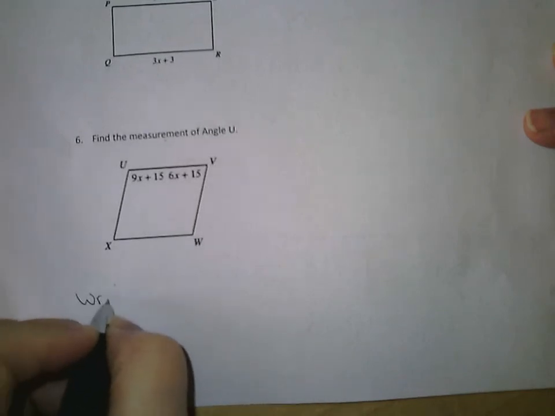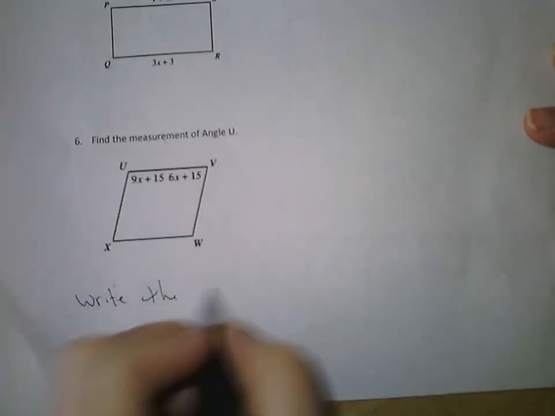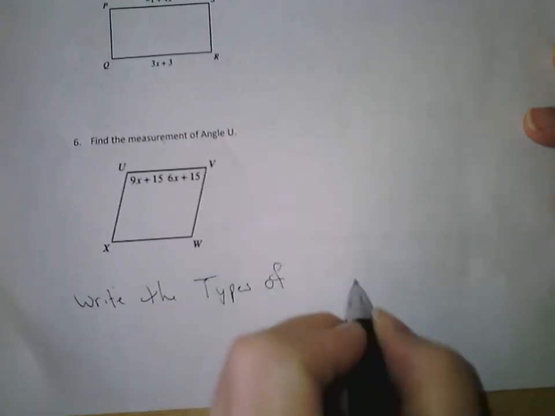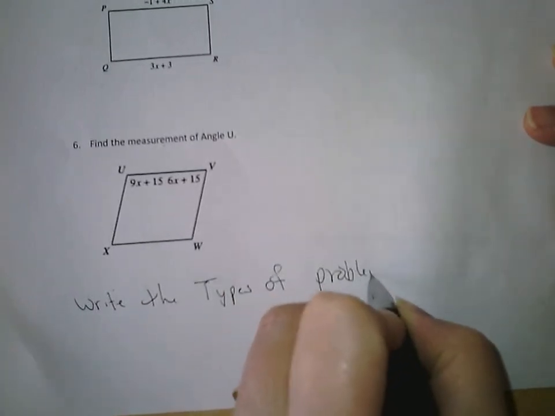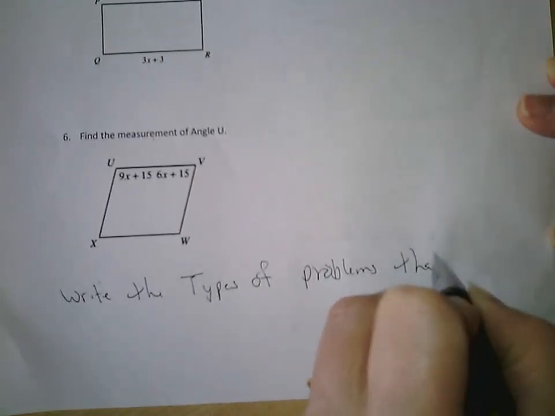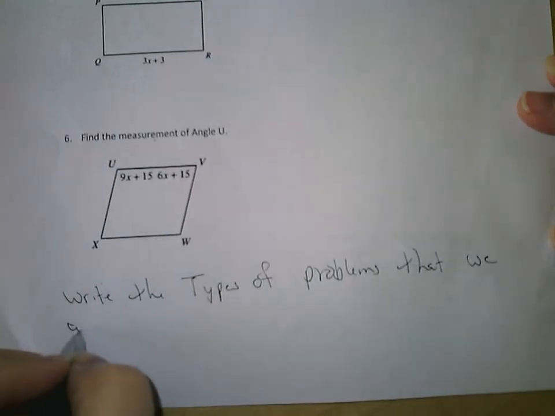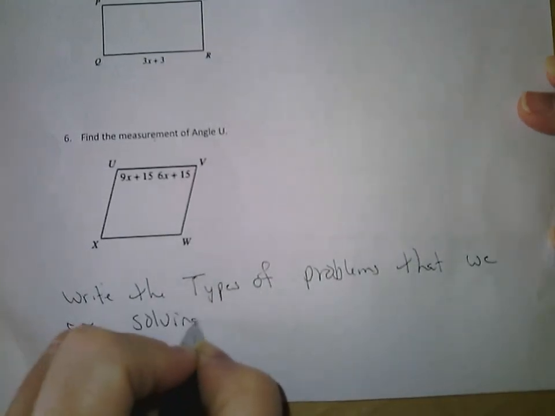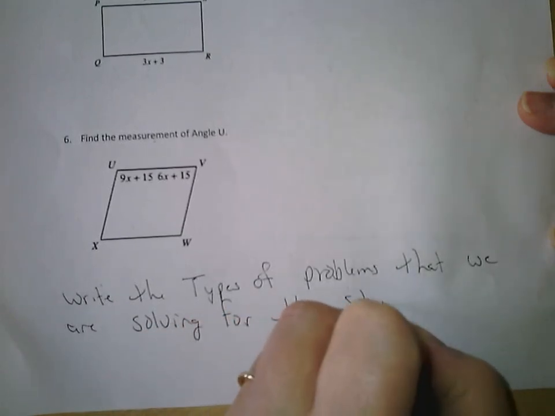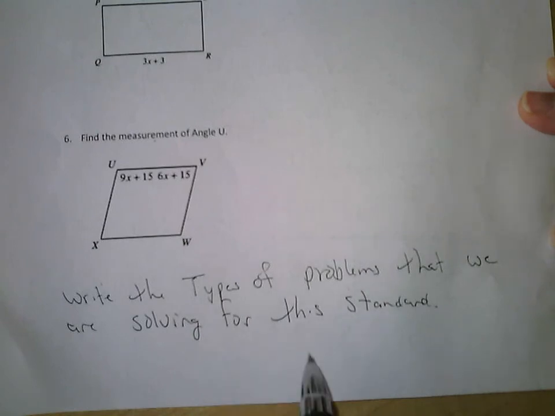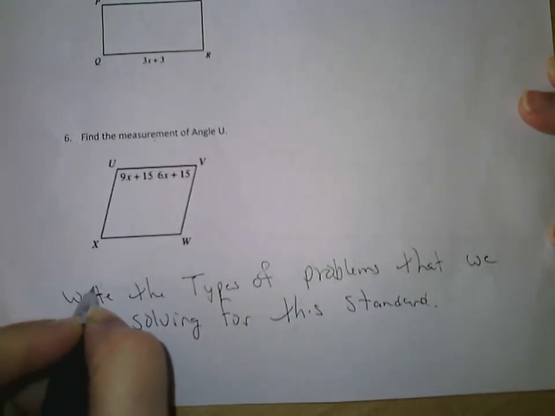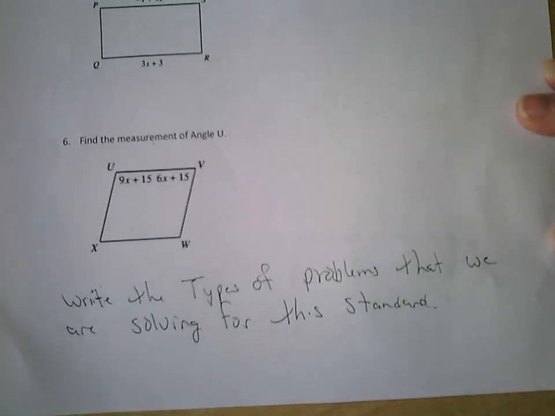Write the 3 types of problems that we are solving for this standard. I need to see that at the bottom so I know that you've done that and you've thought these things through. Thank you.